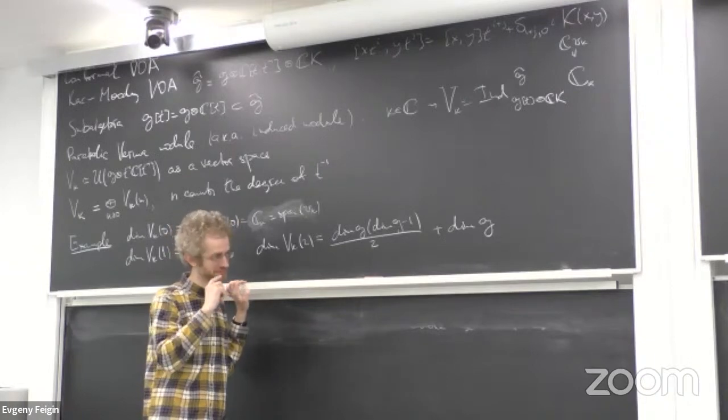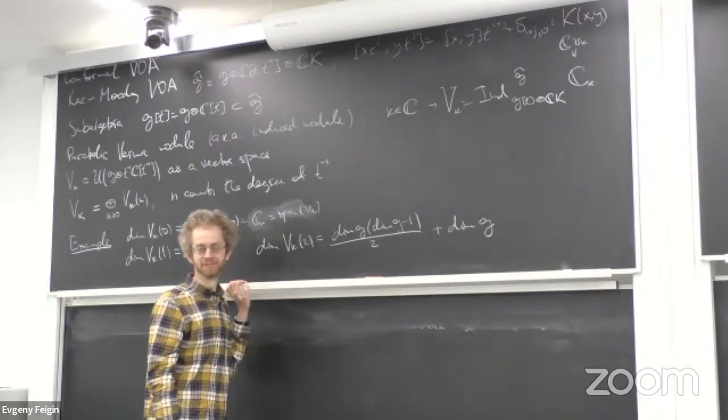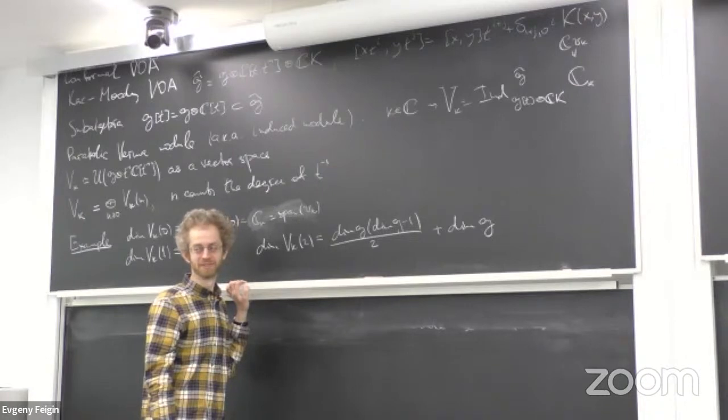Again, it's even closer, but what should we get if the dimension of g is 1?